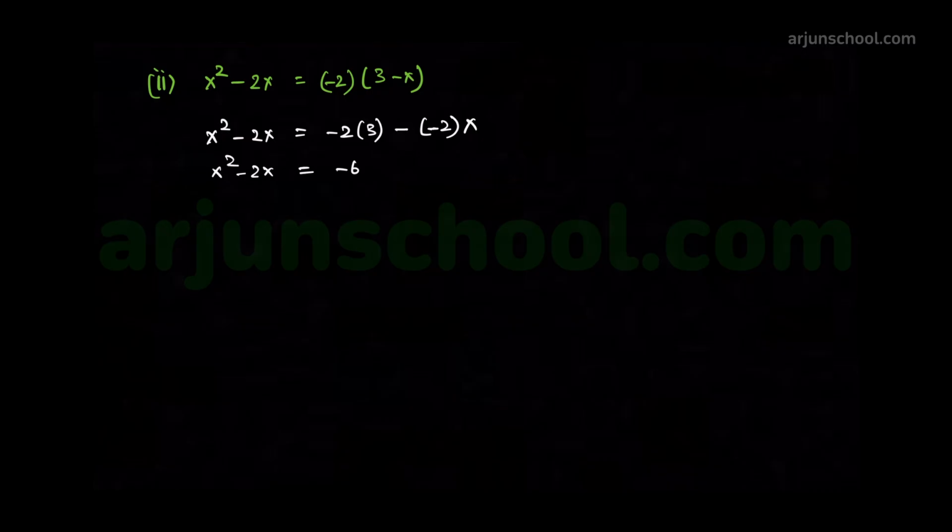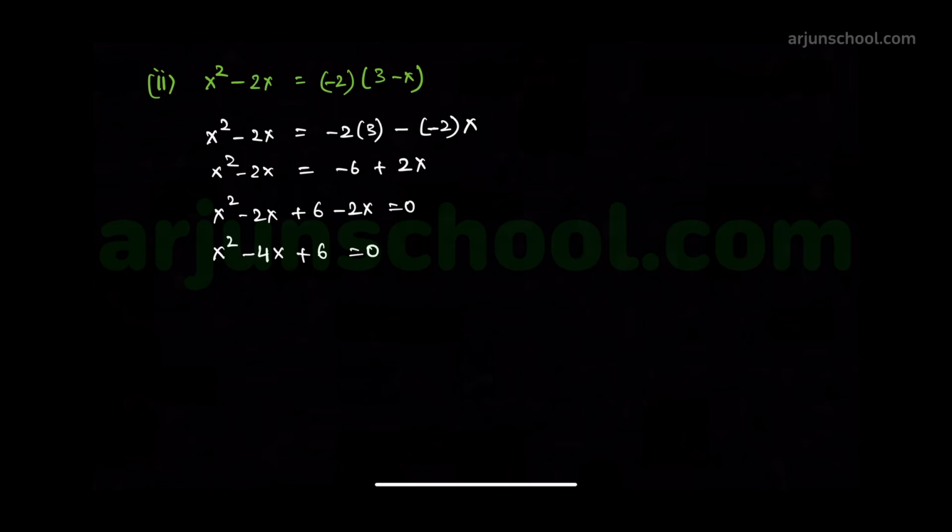X square minus 2x is equal to minus 6 plus 2x. Bring the right hand side terms to the left hand side. Then it becomes x square minus 2x plus 6 minus 2x is equal to 0. Minus 2x is minus 4x. Therefore, x square minus 4x plus 6 is equal to 0.